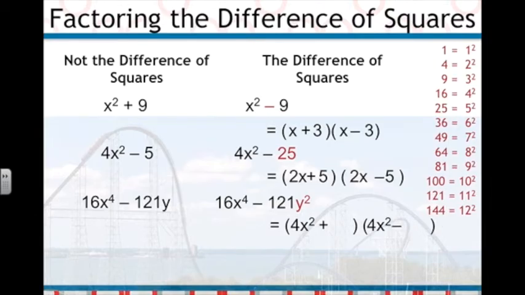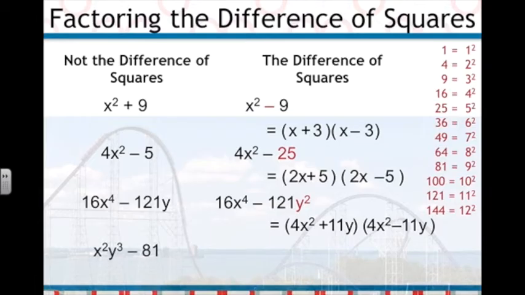To finish factoring, we need to put the square root of 121, which is 11, with a y, so we have 11y as the second term of each conjugate. Now we have the final answer, 16x to the fourth minus 121y squared equals 4x squared plus 11y times 4x squared minus 11y.